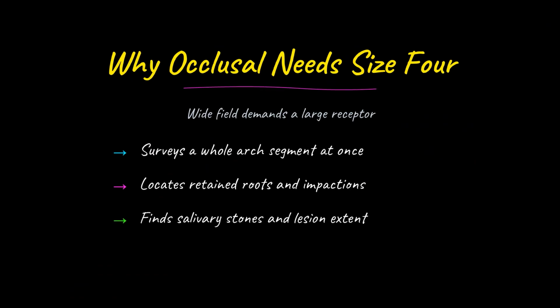This wide field, useful for locating impactions, salivary stones, and lesion extent, is exactly why the largest plate is required. Whenever an exam stem mentions the adult occlusal image, the large plate the patient bites, or broad coverage of the palate or floor of the mouth, size 4 is the answer being tested.